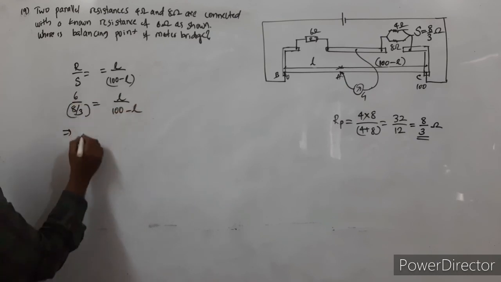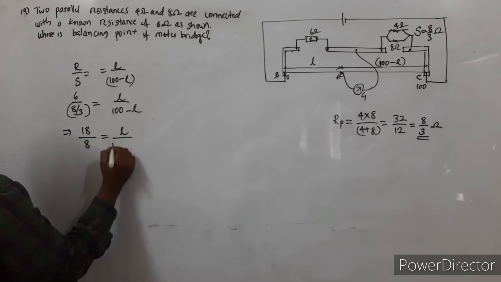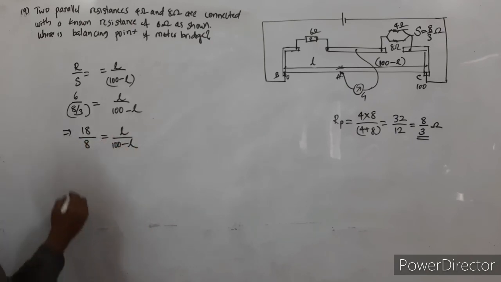This implies, let us take it to the numerator, I get 18 divided by 8 is equal to L divided by 100 minus L. Let us simplify this.